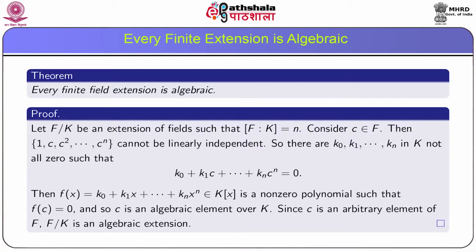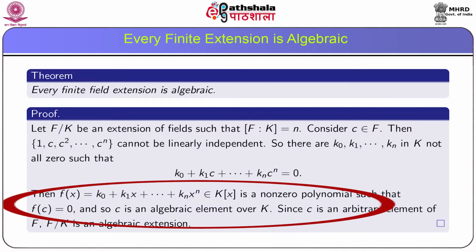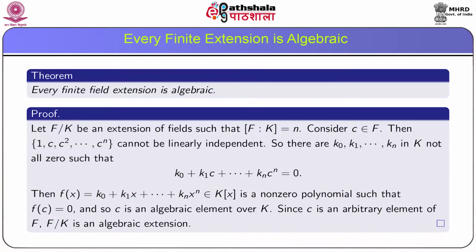Thus we get a non-zero polynomial f(x), namely k0 plus k1x plus so on kn x to the power n over K, such that f(c) equal to 0, that is, c is a root of this non-constant polynomial f(x) over K. Hence it follows that c is an algebraic element over K. Since c is an arbitrary element of F, it follows that every element of F is algebraic over K, and hence F by K is an algebraic extension.